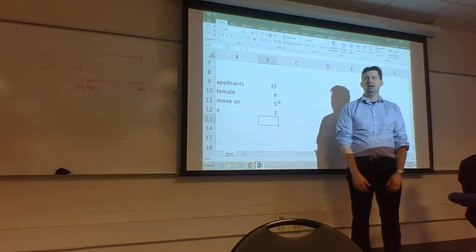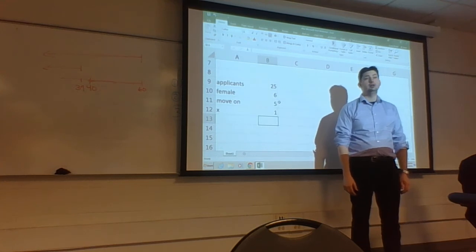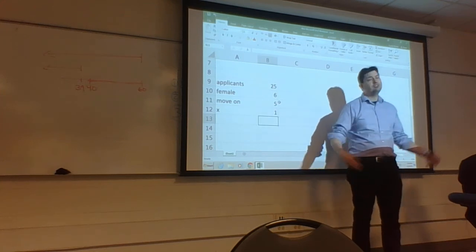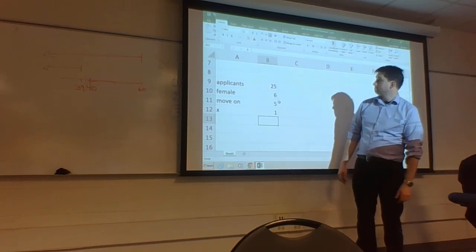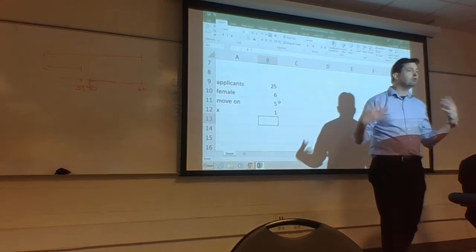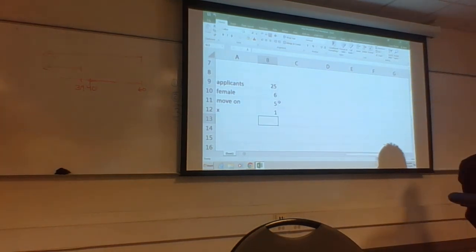If the chance is shockingly low that none of them move on, we could say maybe they're being sexist. If the chance is pretty good that none of them move on, then maybe it's not sexist. So it gives us a way to identify red flags. That's one application of this.